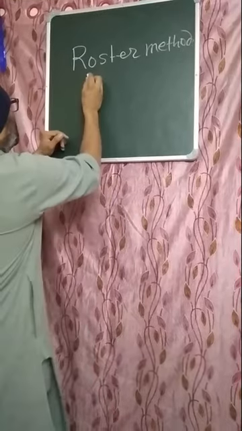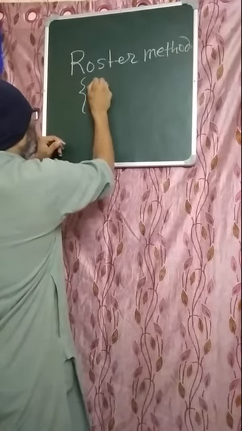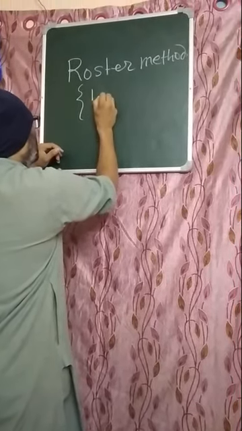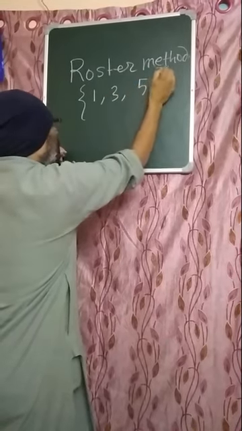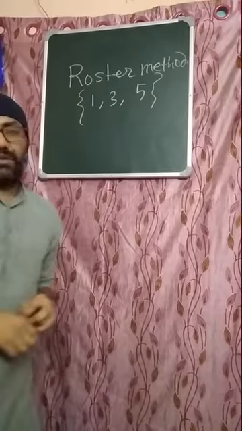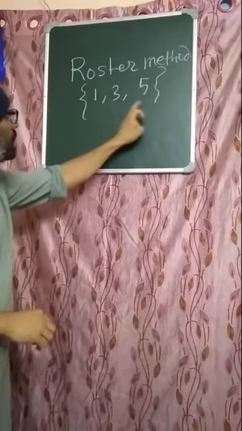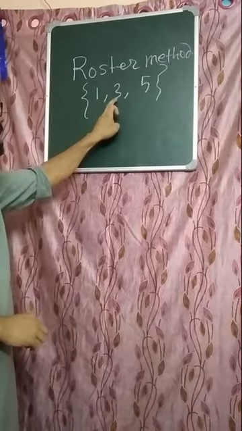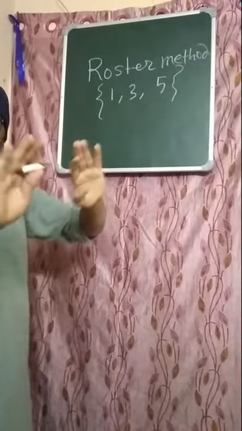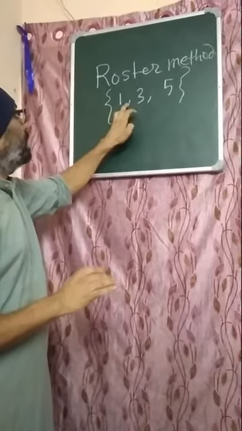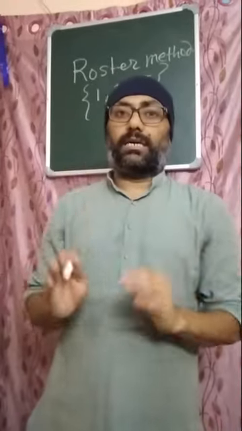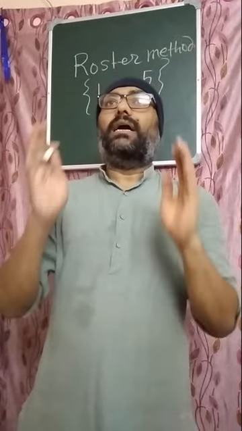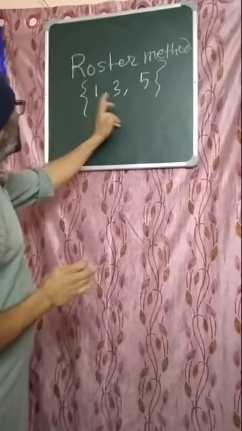For example, in the previous example we have shown the set of three numbers 1, 3 and 5. So all the three elements are written separately, separated by commas. So this method is called roster method. In this method, every element of the set is written separately.